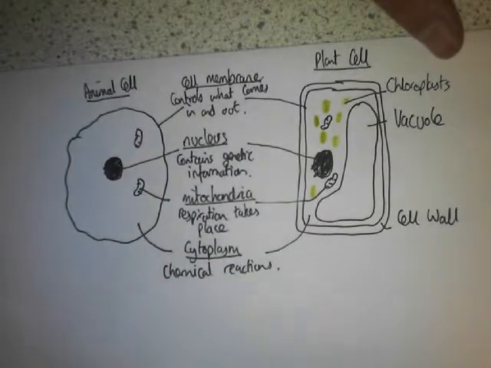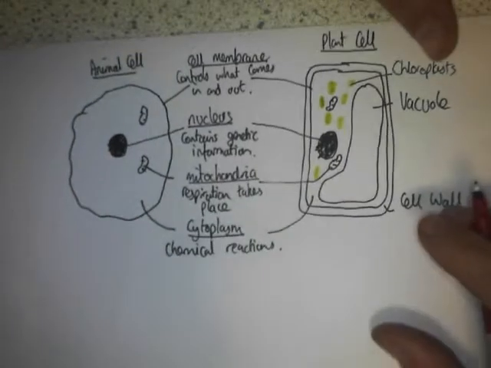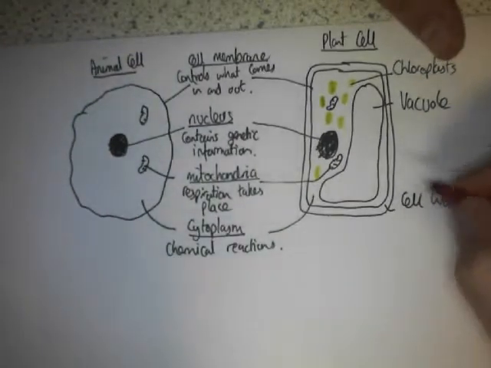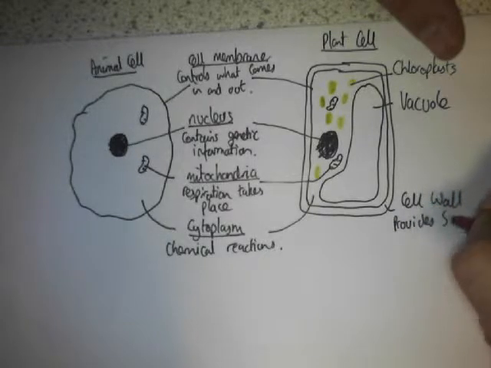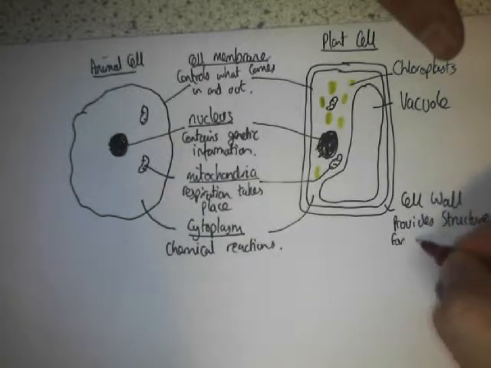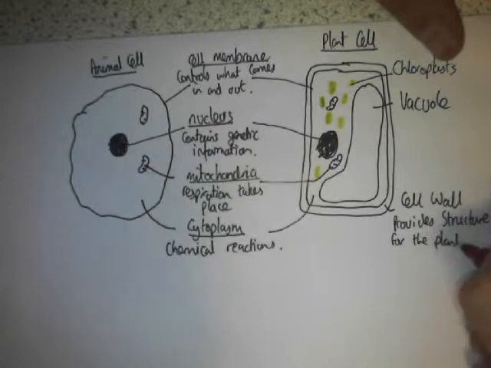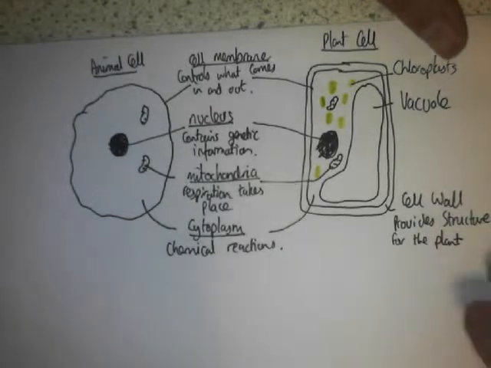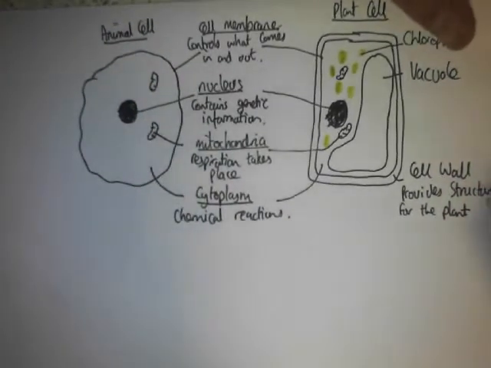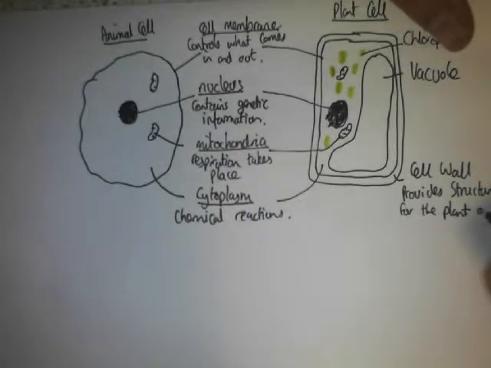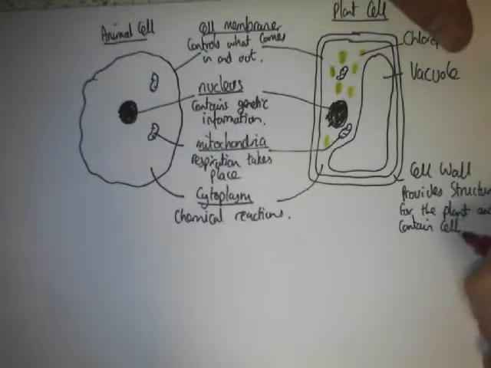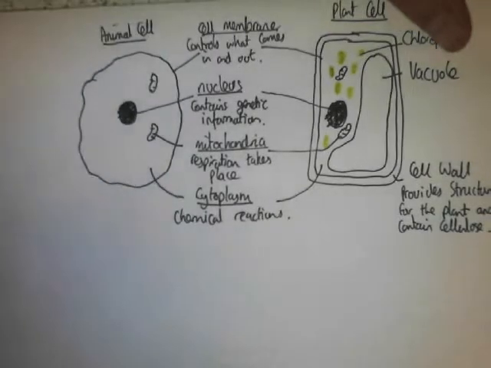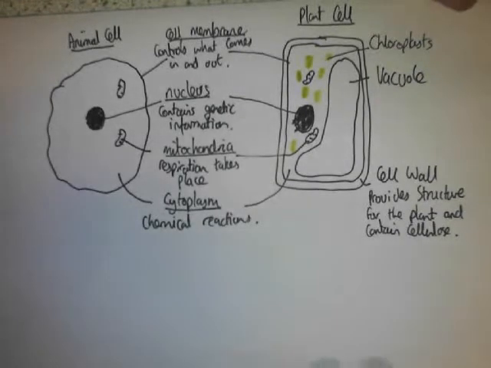So, in terms of their role, cell wall provides structure for the plant. Okay. And also contains cellulose.